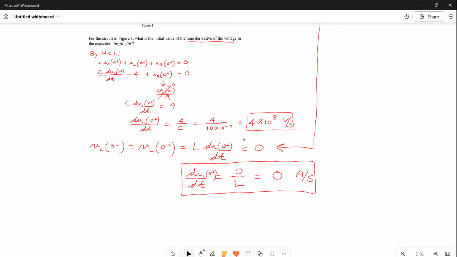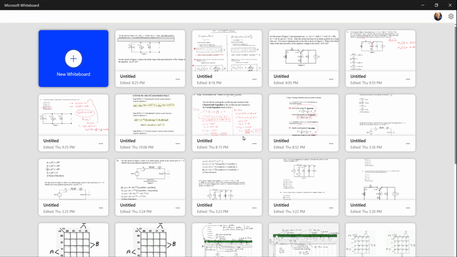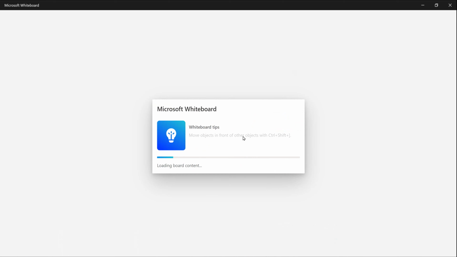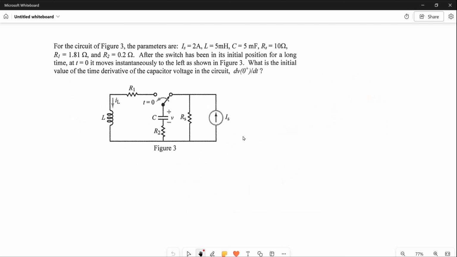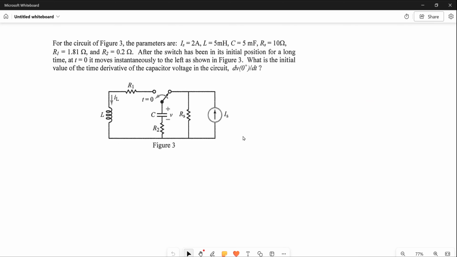Let's do another circuit real quick. Time derivative, and we'll use this as an example here. For the circuit shown in figure 3, there's the parameters. It gives you IS, the source current is 2 amps, it gives you L, C, RS, and R1.